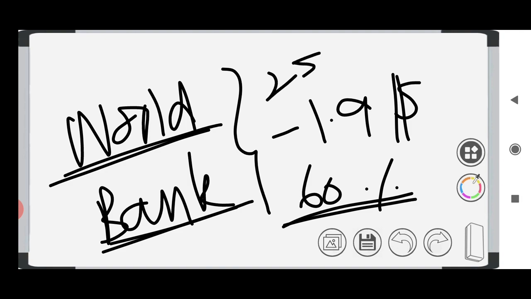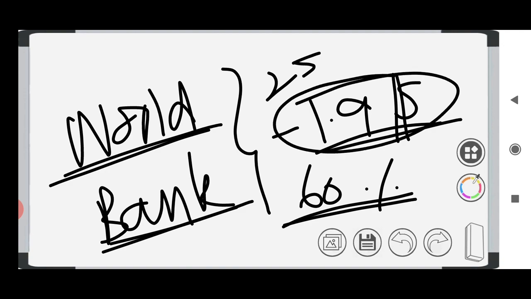So why? Because $1 is equal to 70 rupees, I guess, approximately. So $1.9 means it will exceed 100 rupees. So it is more than 100. $1.9 is more than 100 rupees per day, World Bank is saying. But in India, we are saying that 32 rupees per day is enough to satisfy the basic needs.